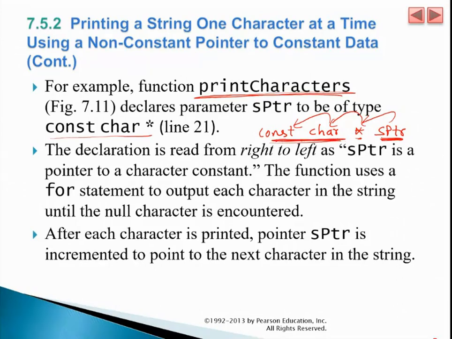So when you declare your pointer in this manner, it shows that we are making use of a non-constant pointer to constant data. The function uses a for statement to output each character of the string until it comes across the null character, and after each character is printed, the pointer value is incremented. So this is a non-constant pointer.